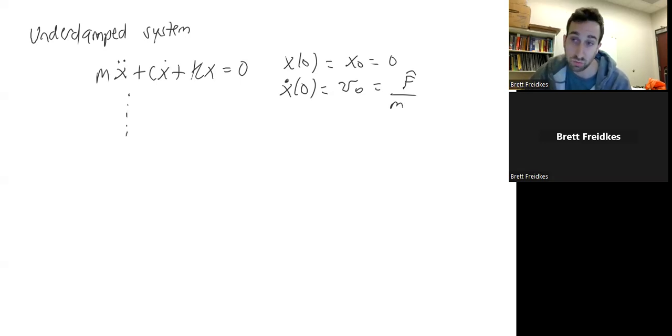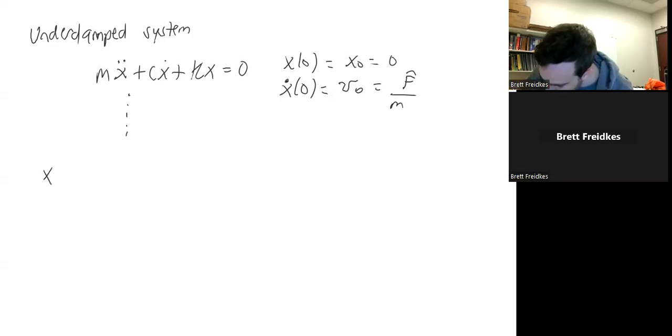So if we have an underdamped system, we go through all the math for this. That was the whole assumed solution of something like a e to the lambda t, and you find lambdas. We ended up doing the quadratic equation to find those lambdas and then substituting them back in. And depending on what the lambda values were, that determined the response of a system, if it's underdamped, overdamped, or critically damped.